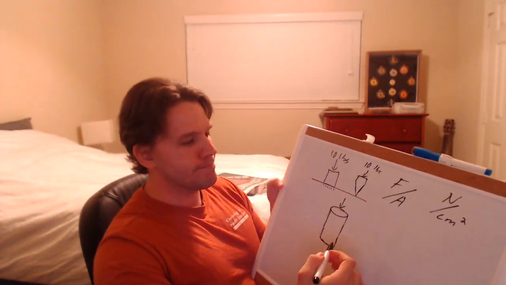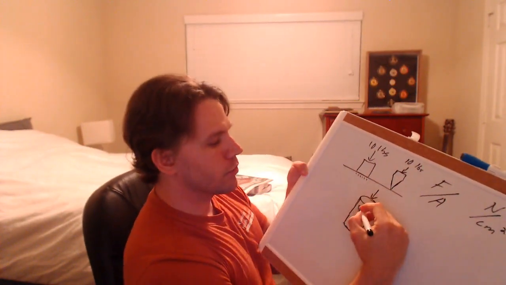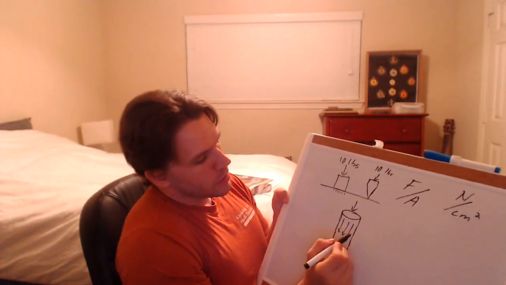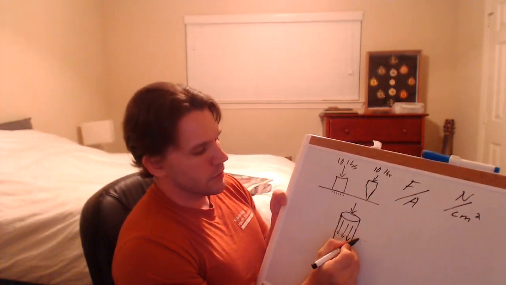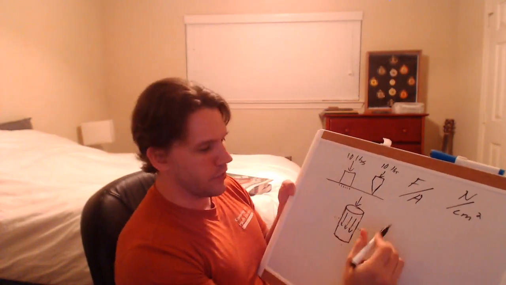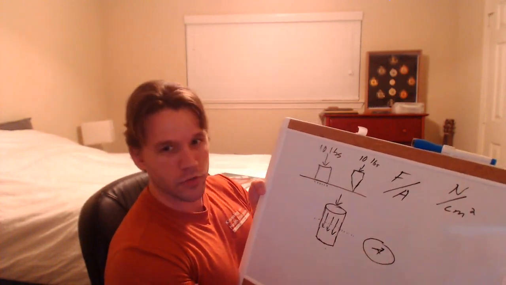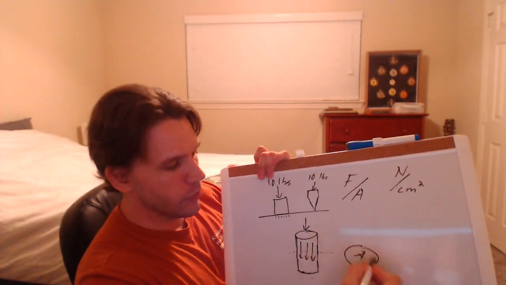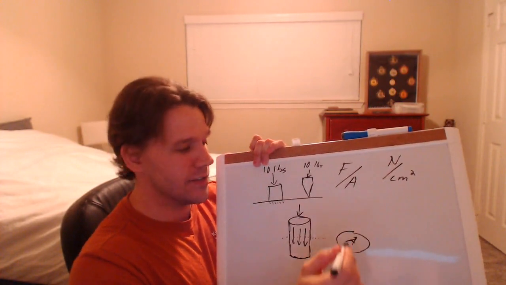Without getting too complicated, you can imagine this force is going to be distributed through this material. So if I took a cross-section here and looked at it face on, I would have some area, just write A, and it's all crooked, I know. But I would have some area there and some force going, in this case, into the board, into that area.